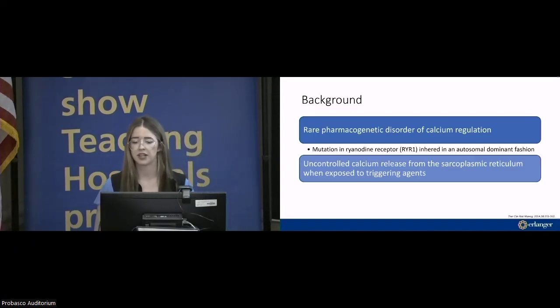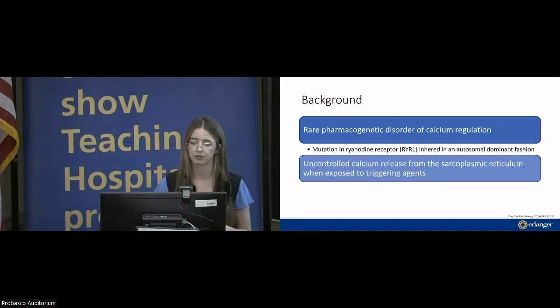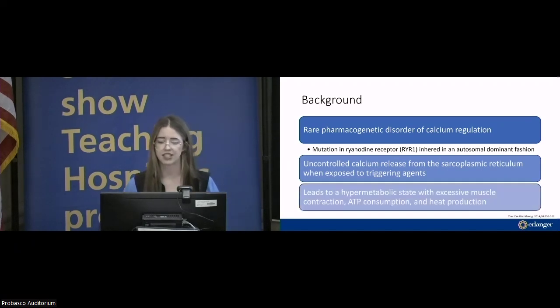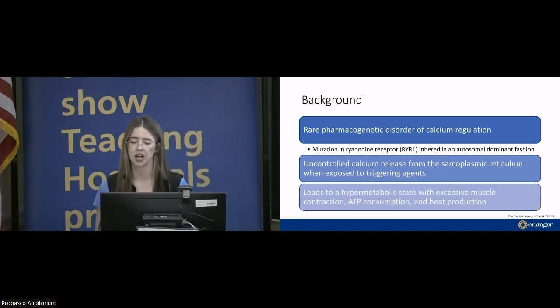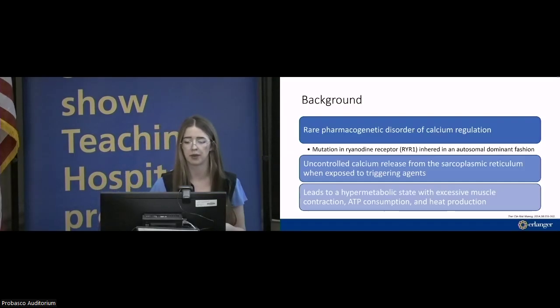This mutation predisposes the sarcoplasmic reticulum to uncontrolled calcium release when exposed to specific triggers. This calcium surge leads to sustained muscle contraction, excessive ATP consumption, and profound heat generation, which ultimately leads to the hypermetabolic state, which is central to malignant hyperthermia.